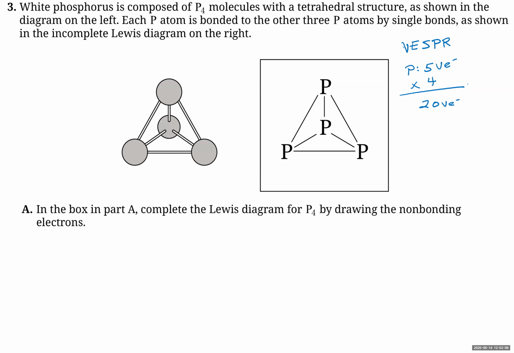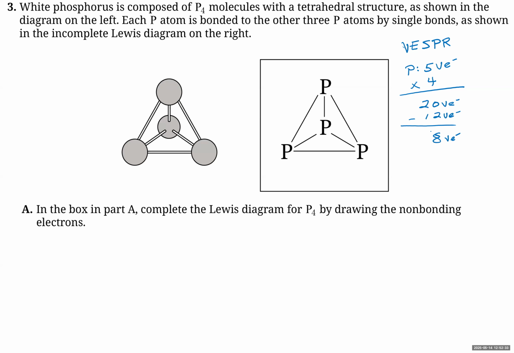That needs to be represented by our Lewis diagram. The diagram already has 1, 2, 3, 4, 5, 6 bonds, and at 2 electrons per bond, that's 12 valence electrons that have been used up, which means that we need to take into consideration 8 valence electrons. So how do you show 8 valence electrons? Well, we know that each phosphorus is going to show an octet.